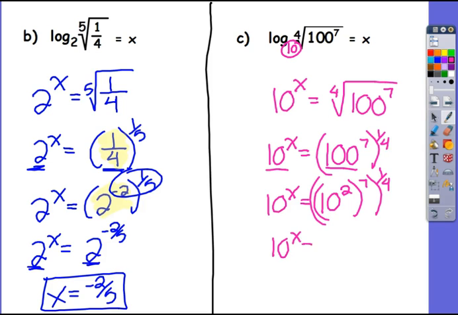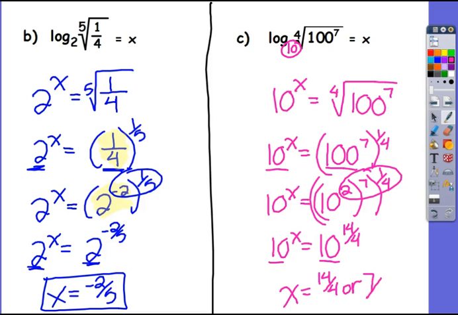So if I multiply all these together, 2 times 7 times 1/4 would give me, what, 14/4? Or 7/2. Now that my base is the same, the exponents have to be equivalent. So x should equal 14/4 or 7/2 or 3.5. Common logs.